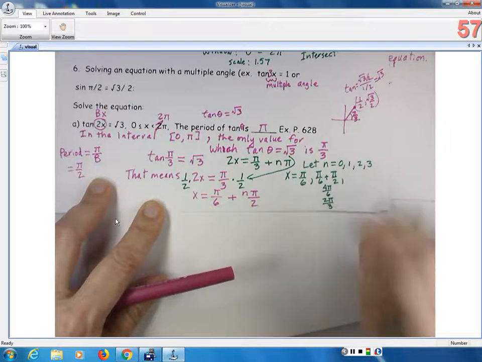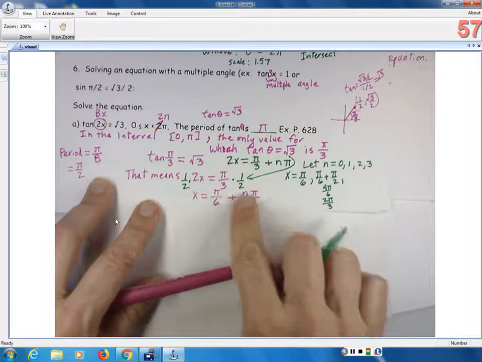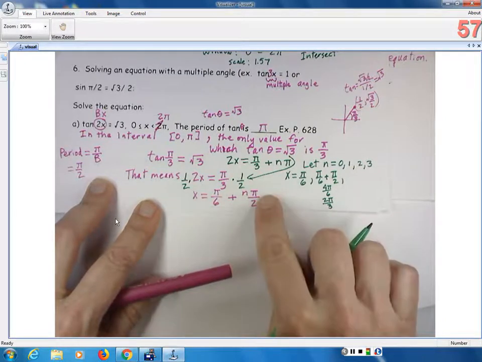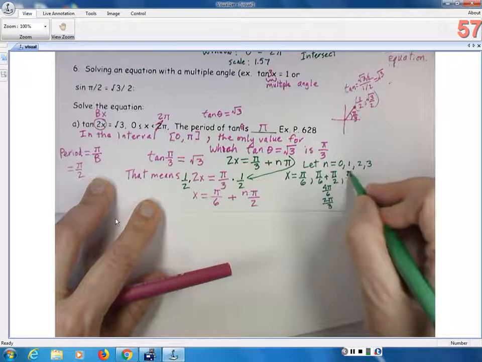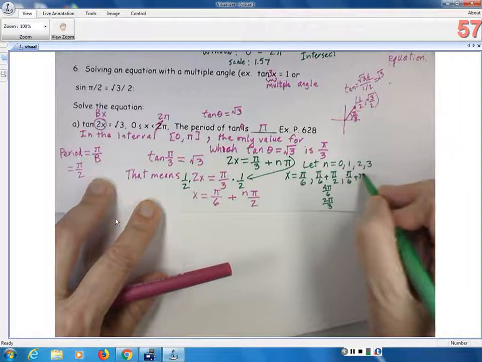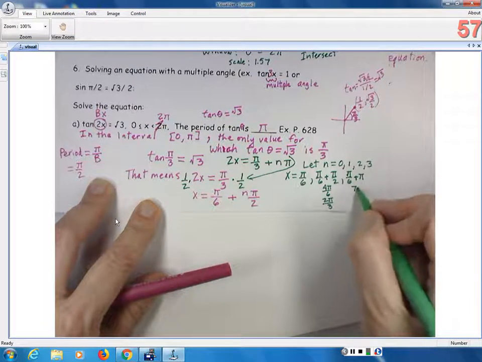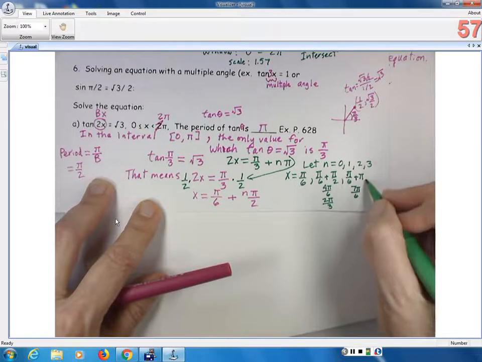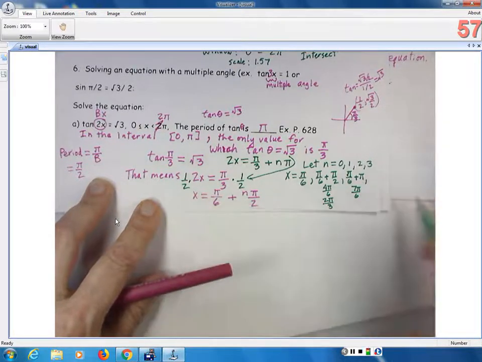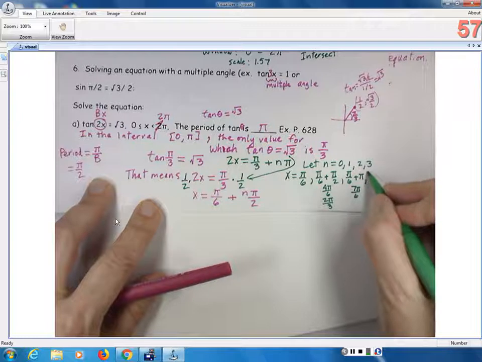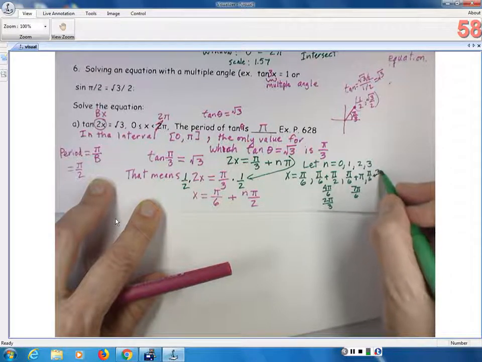When you put in 2, you get pi over 6 plus pi, which is 7 pi over 6. And the last one, putting in 3, you have pi over 6 plus 3 pi over 2. I ran out of room, oh well.